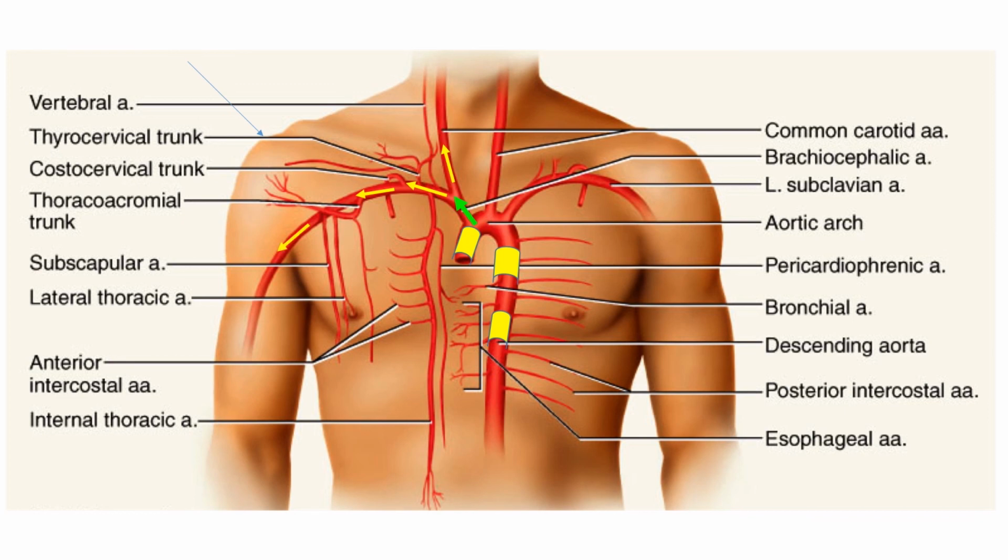This subclavian artery, as it travels under the clavicle, enters the axilla or the armpit and it changes its name as it crosses the lateral border of the first rib, and then it changes its name again into the brachial artery going to the arm.